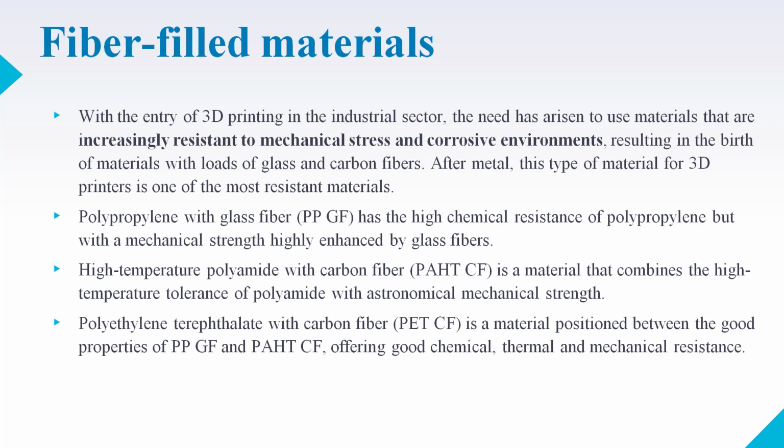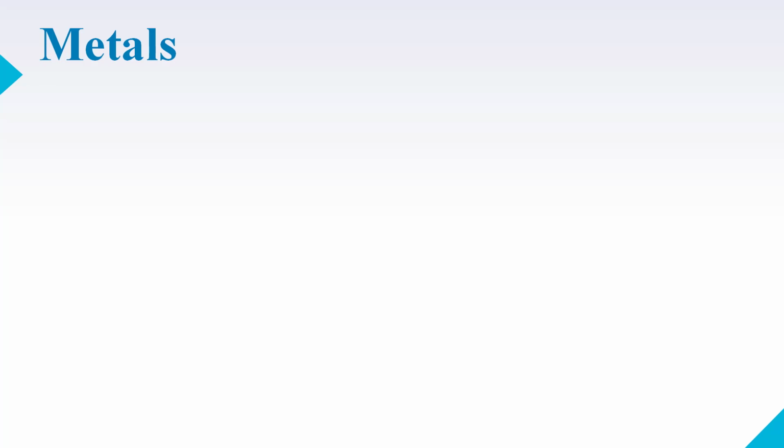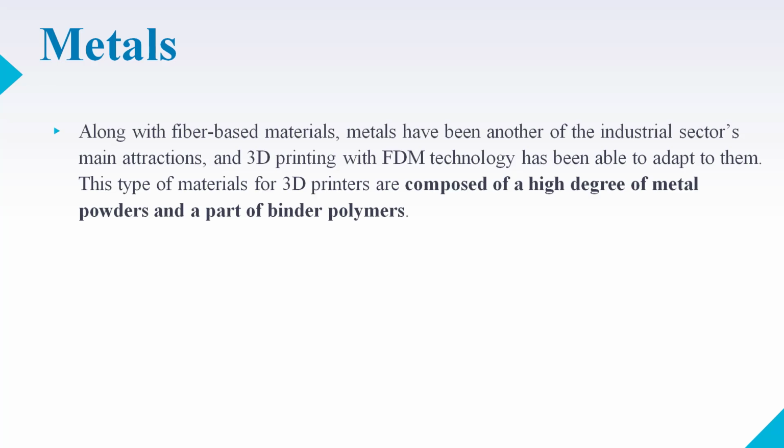So again, fiber filled materials are also used as filament in FDM 3D printing. Now the next is metal. We all know about metals. Metals are the most important higher strength material apart from all the materials. You would wonder how FDM 3D printers can print metals, but here we are not using pure metals.